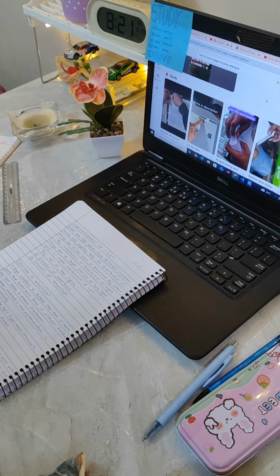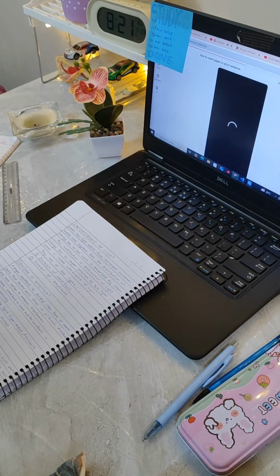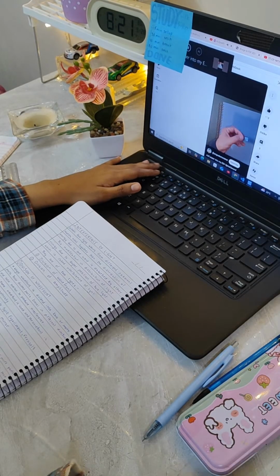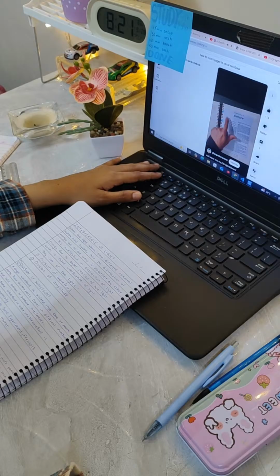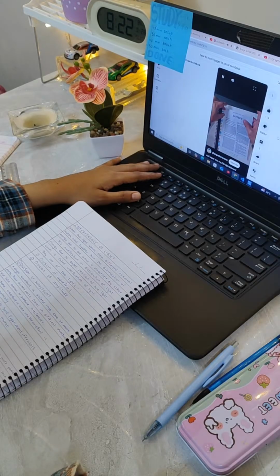Not exactly what I'm looking for. Why did it go away in the most important part?